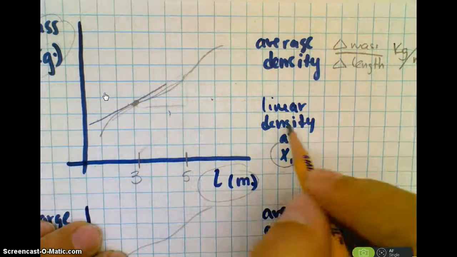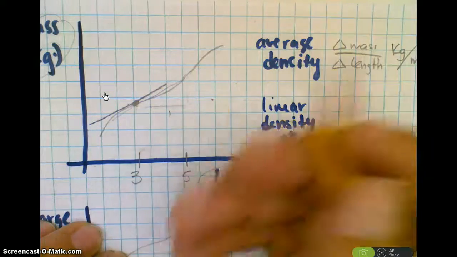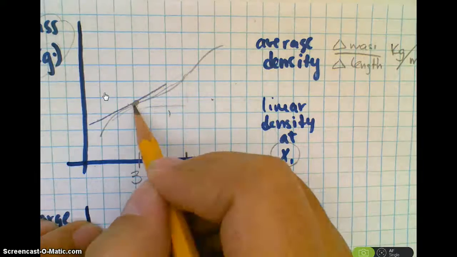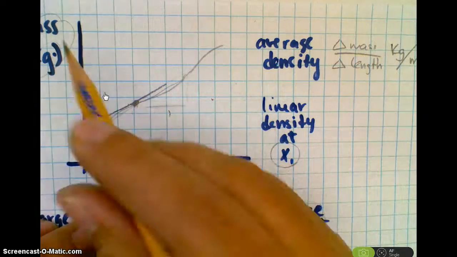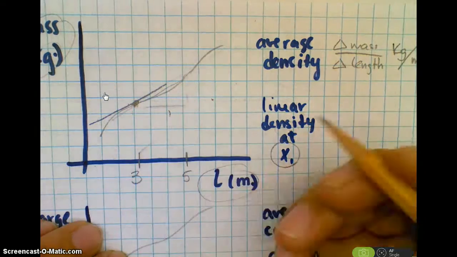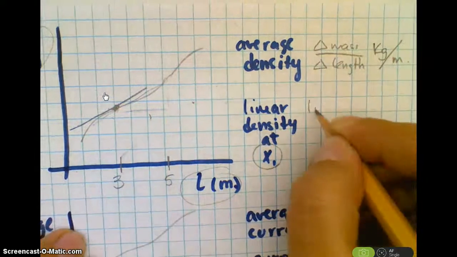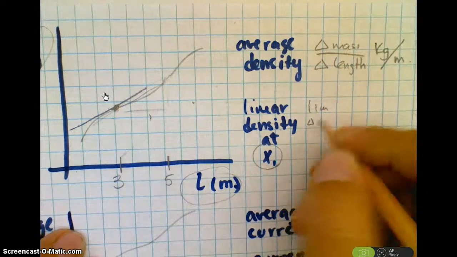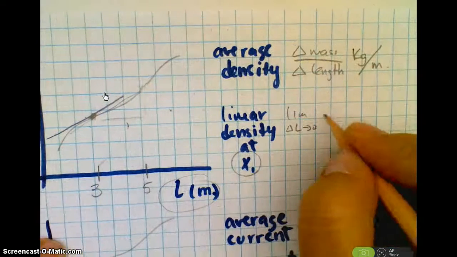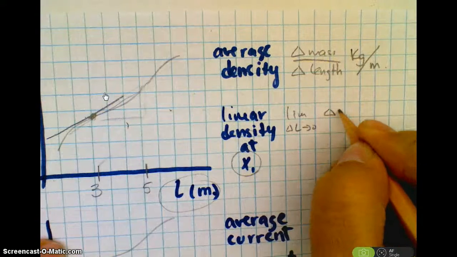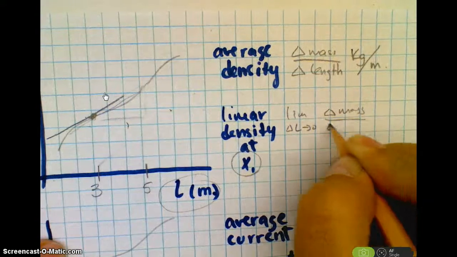So what is the linear density at that point? I don't have an average density. I can have the instantaneous rate of change of mass over length, or the derivative of this, which would be the limit as the change in length approaches 0 of the change in mass divided by the change in length.